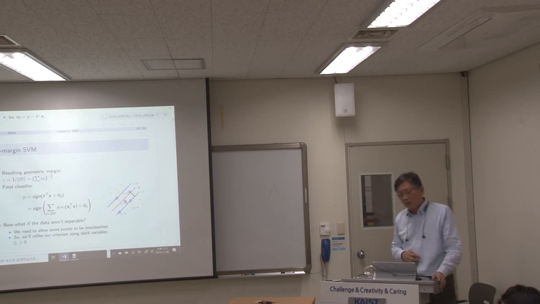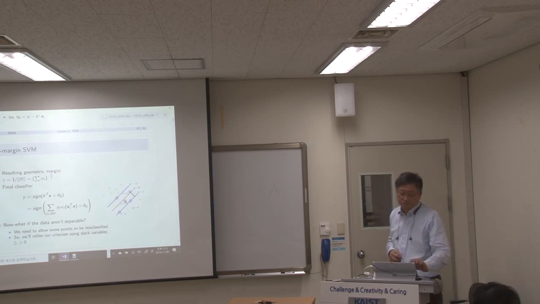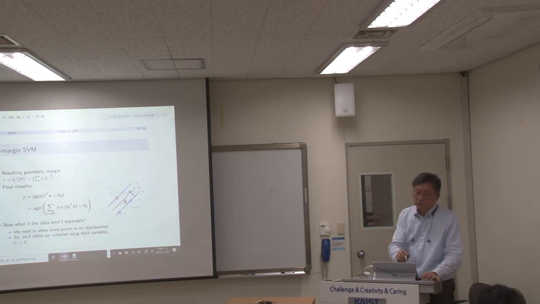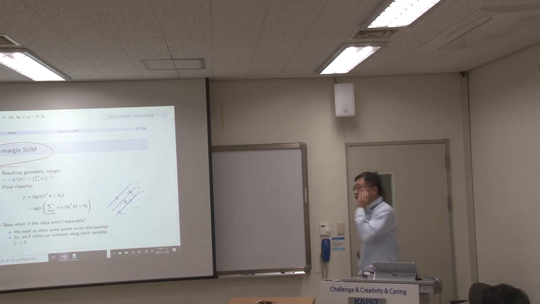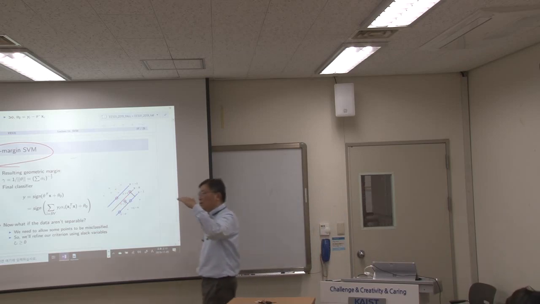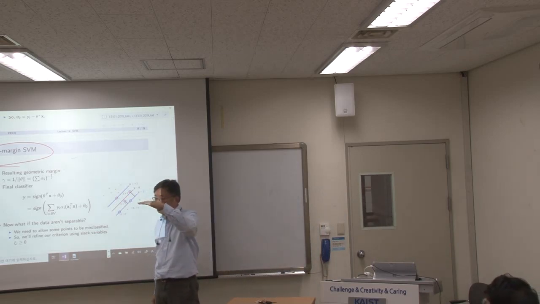I should be talking about this now. Soft SVM. Yeah, I explained. So, support vector machine, Lagrange multiplier.